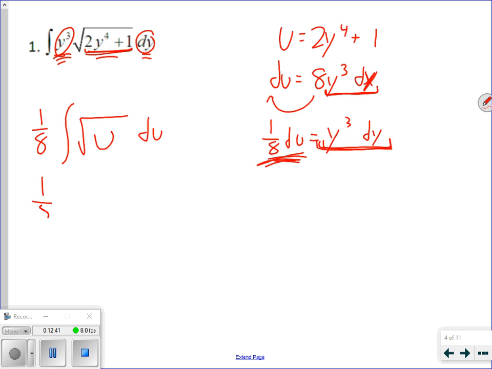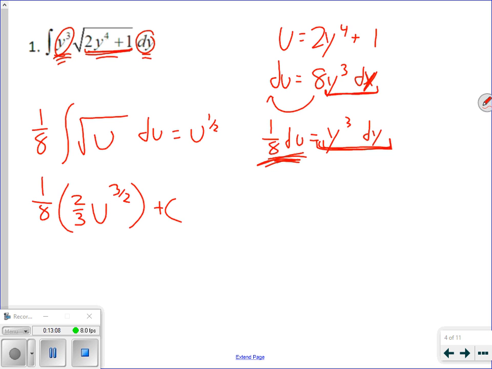This is just 1/8 times the integral of u. Remember that the square root is the same thing as u to the 1/2 power. So we're going to add 1 and divide. If I add 1, it's now u to the 3/2. And if I divide, that's 2/3, plus c. And now all we do is plug back in what u is equal to, and we're pretty much done.